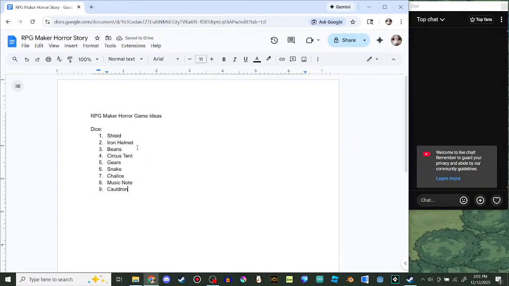Now these don't necessarily have to be aspects of the story, they can just be things that are in the story. And I don't necessarily have to even use all of them, but I'm just going to put these back in the bag because I got everything written down.